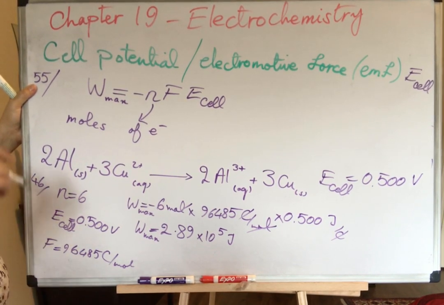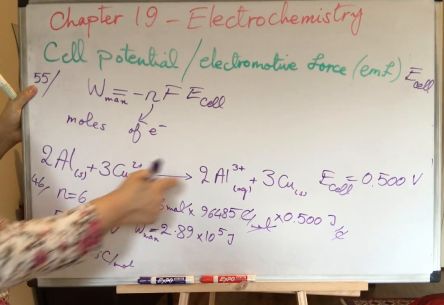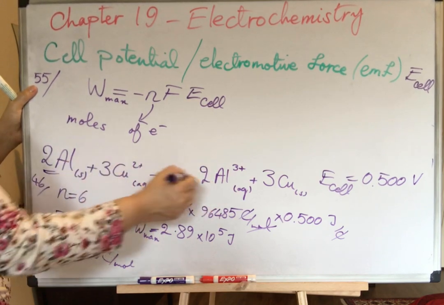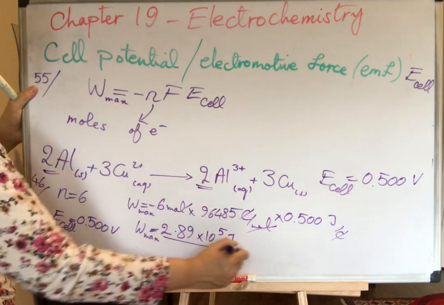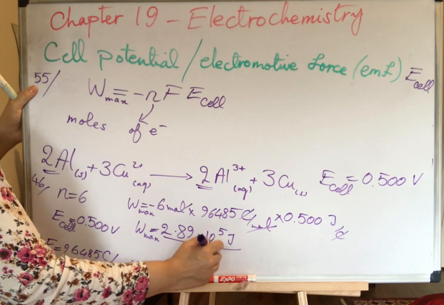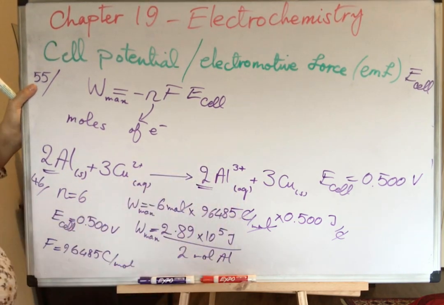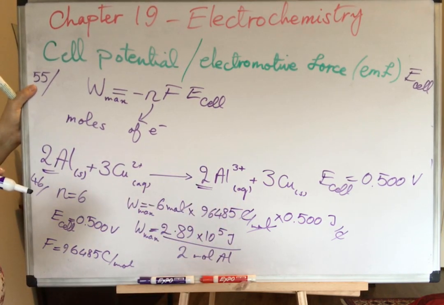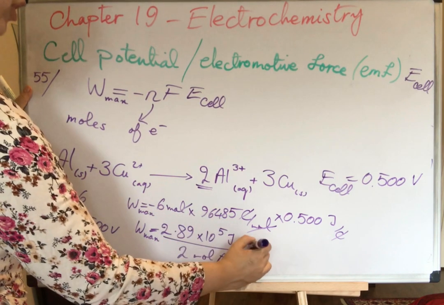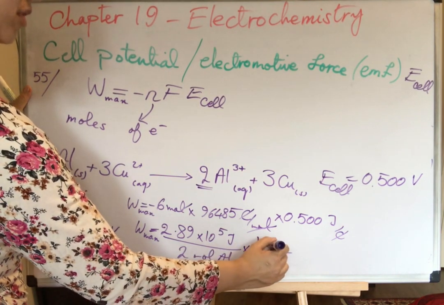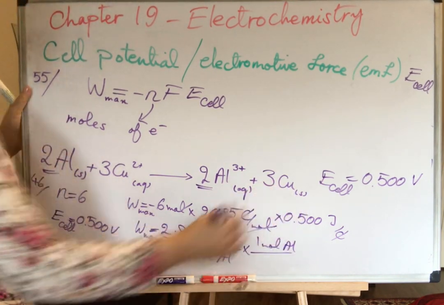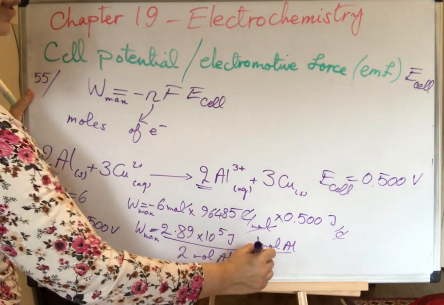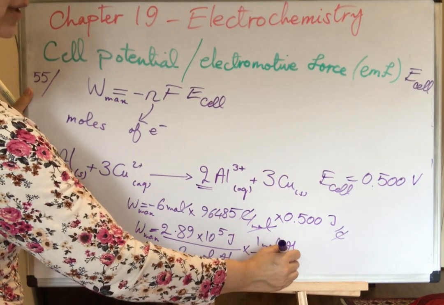This amount is for 2 moles of aluminum, right? But in the question, we wanted just for 1 gram. So we know that 1 mole of aluminum is how many grams? 26.98 grams.